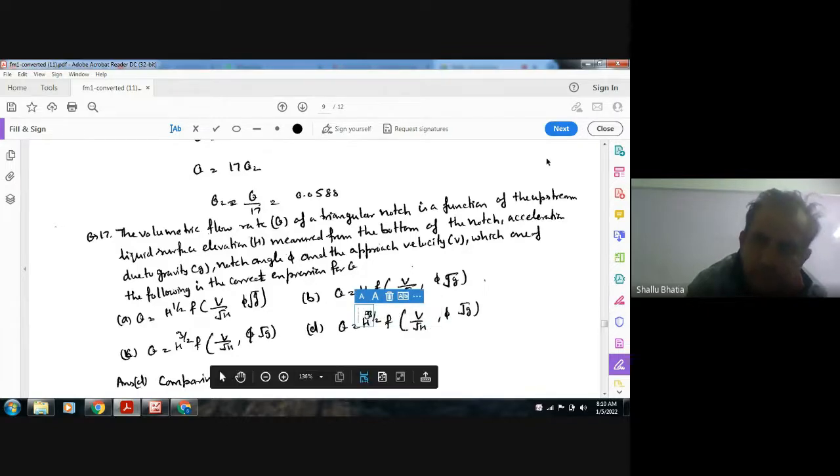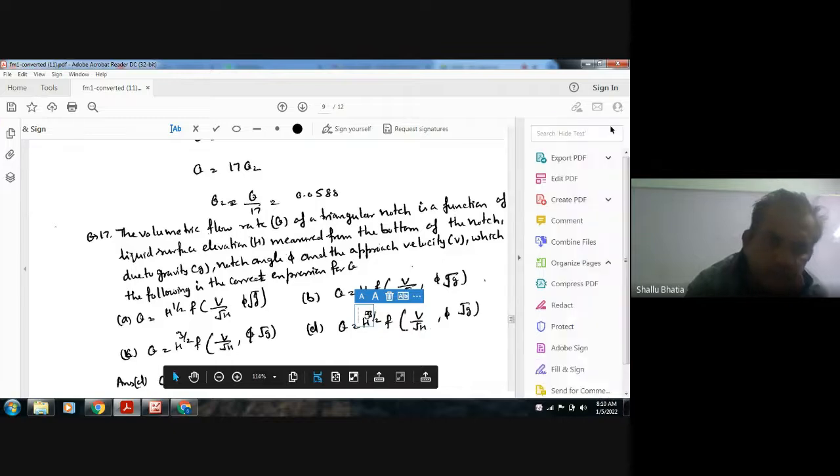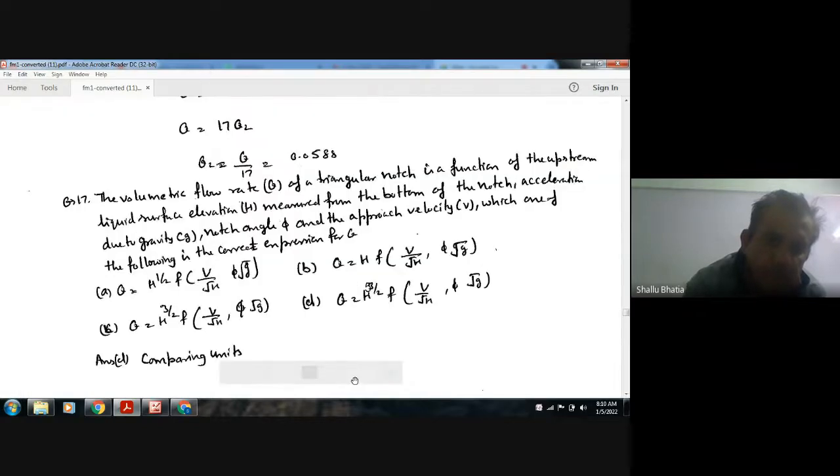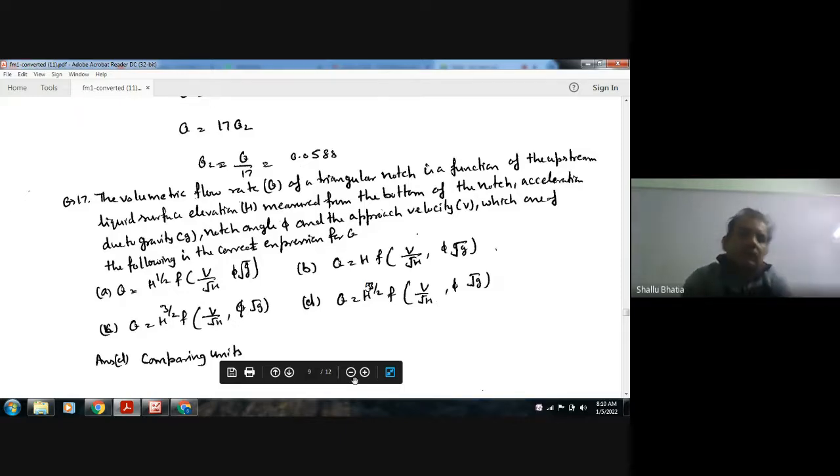Now the volumetric flow rate Q of a triangular notch is a function of upstream liquid surface elevation H measured from the bottom of the notch, acceleration due to gravity g, notch angle phi, and the approach velocity V. Which one of the following is the correct expression for Q?